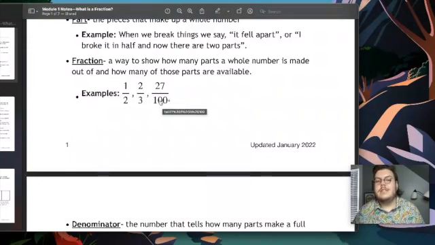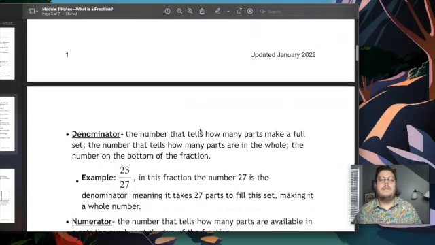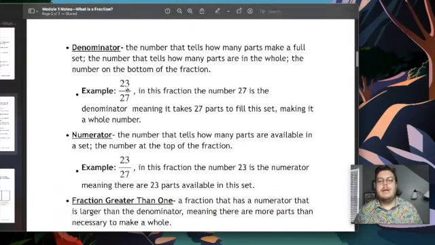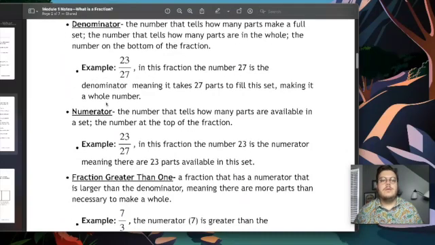And 27/100ths, that's going to mean that it takes 100 parts to make a whole. All right, so that's the denominator. The denominator describes what the whole looks like, how many pieces or parts it takes to make one whole.